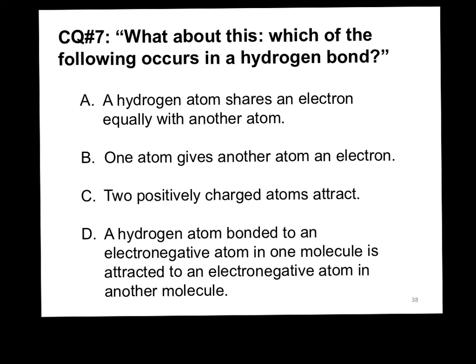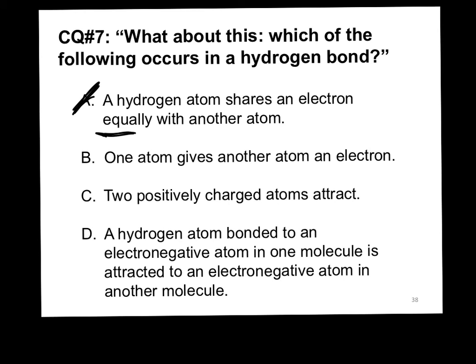First, if it's sharing electrons, that's covalent. Hydrogen bonds happen between molecules, not between atoms. Sharing of electrons happens between atoms in a molecule. And secondly, electron sharing equally is nonpolar, and hydrogen bonds are the result of polar bonds. So on various levels, that's wrong.